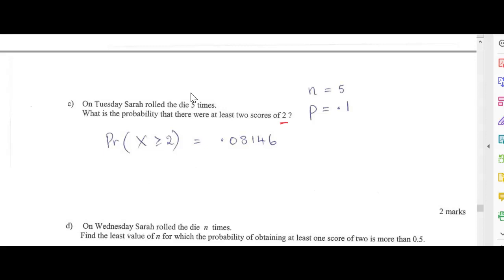P is the probability of success, so the probability of getting a 2, and Q is the probability of getting anything else, which is 0.9. So X is greater than or equal to 2, so you use your binomial distribution. We want the lower and the upper. At least 2, so we're including 2, and our upper limit, she's rolling it 5 times. So you just put those values in, so N, P, lower and upper.